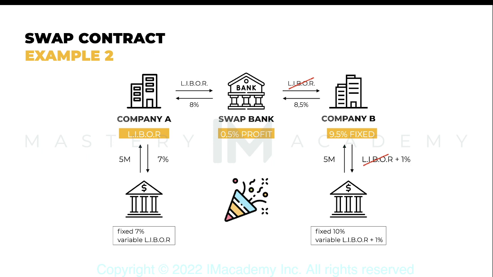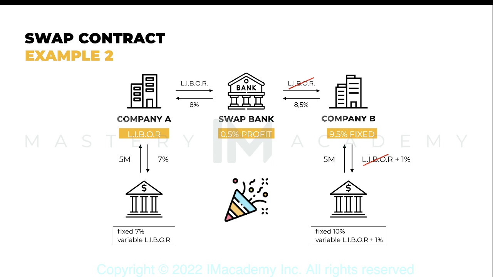Company B is paying a fixed rate of interest, which is lower than it could possibly have from its own bank. And it works because of something called comparative advantage, which the swap banks, of course, are experts in, because the swap bank knew exactly both clients' needs and possibilities.